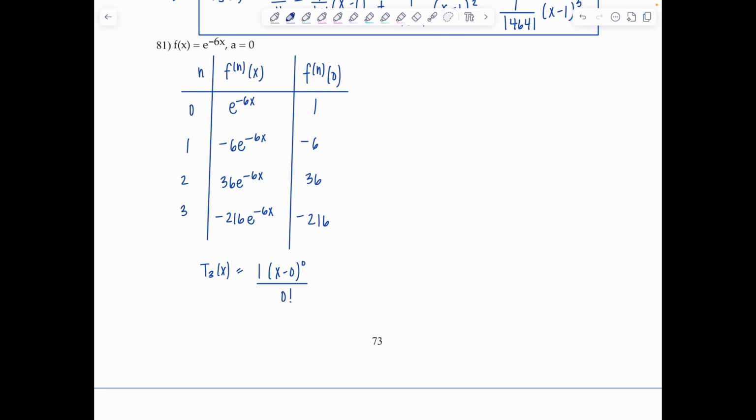over 0 factorial. Remember, these are the blue parts here, and then that's part 2, and that's part 3. I'm not going to keep writing x minus 0. It's just x, okay?